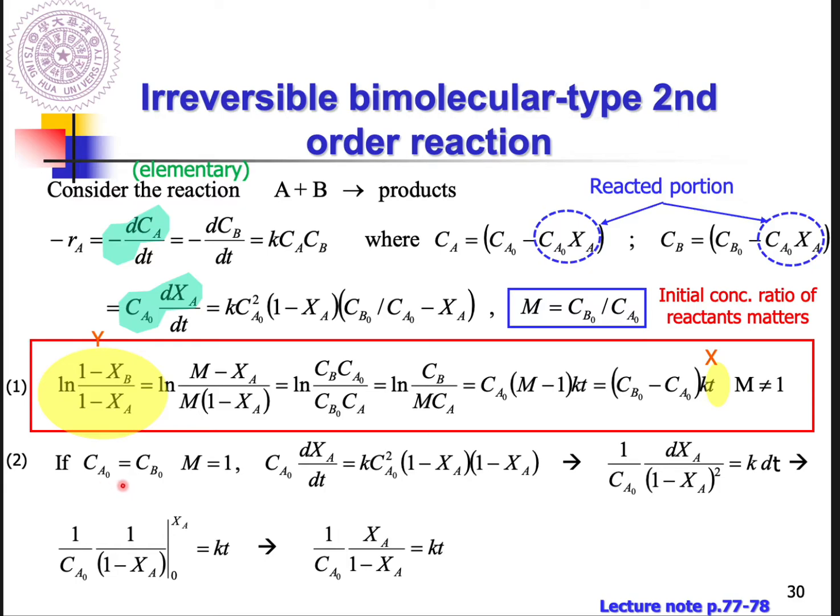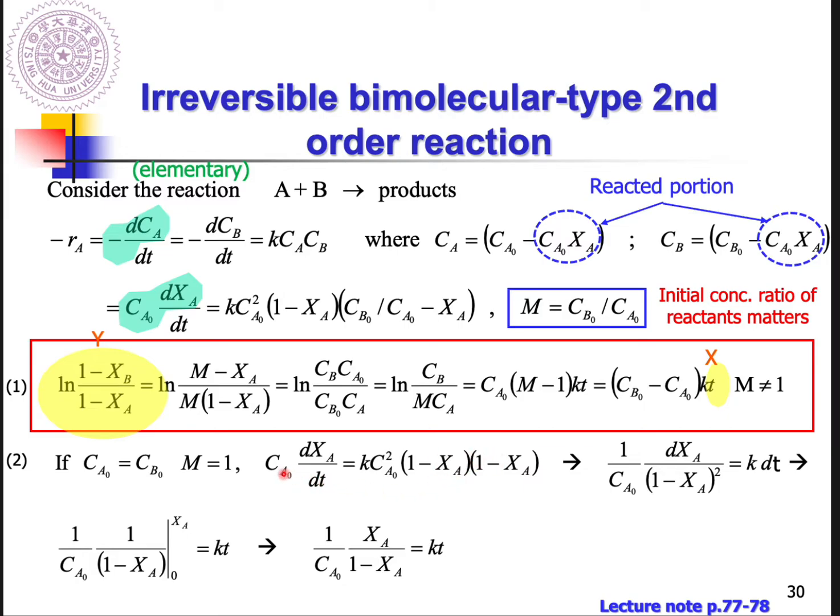The other case, the simple one, is if M equals 1, that means the initial concentrations of A and B are the same. So this you can consider as CA0 squared (1 minus XA), and (1 minus XA) you take a square here.